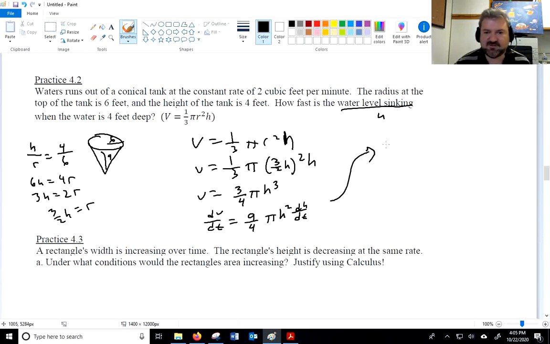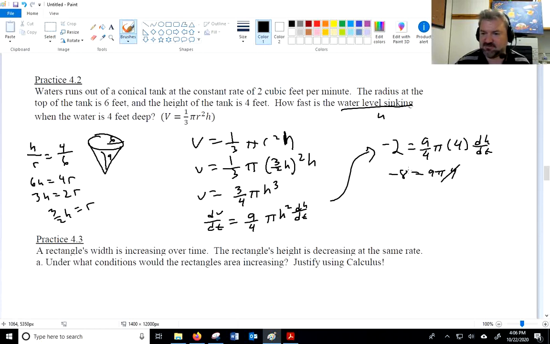We know that dV/dt is negative 2. We want to know what's happening when the height is 4. We want to find dh/dt. So I'm going to multiply both sides by 4, making this negative 8 equals 9 pi times 4, so that's 36 pi.